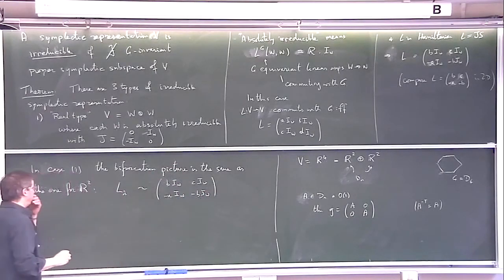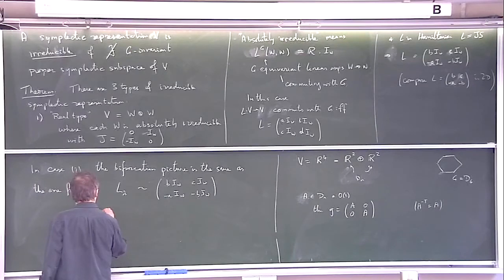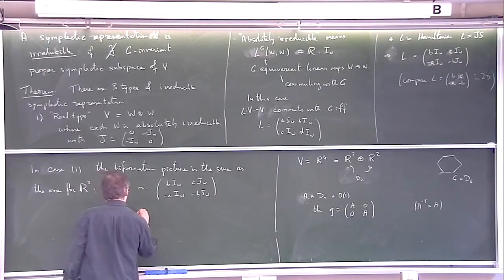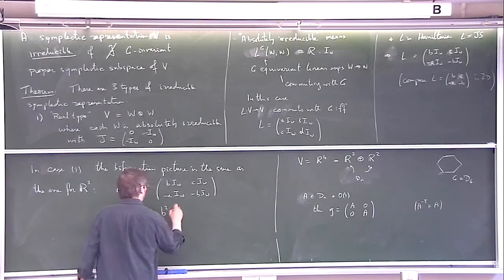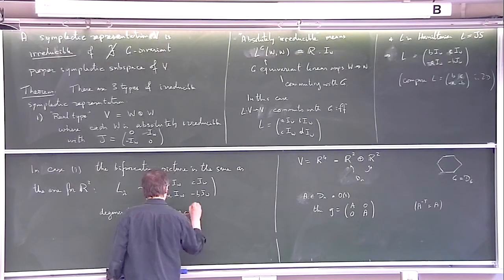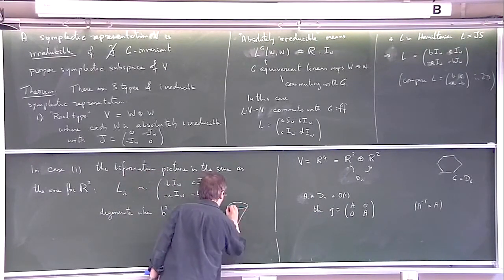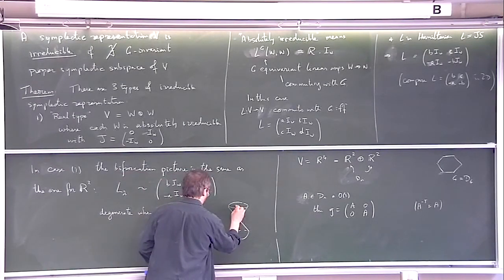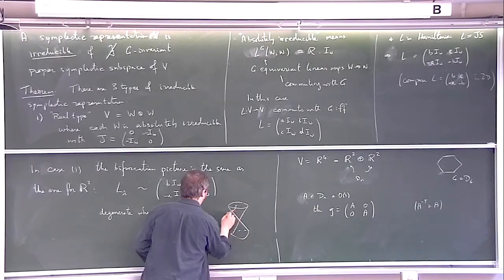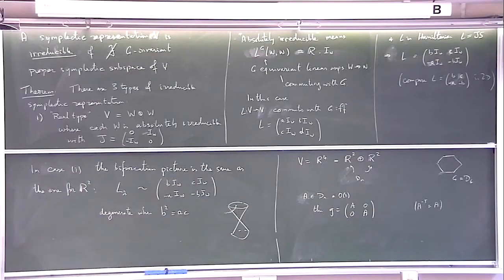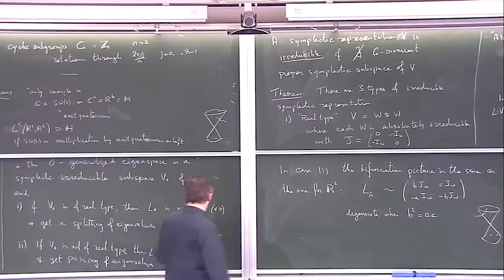It's degenerate when b squared equals AC, and one has a curve that goes through the cone like that, one way or the other, which explains this passing, splitting.